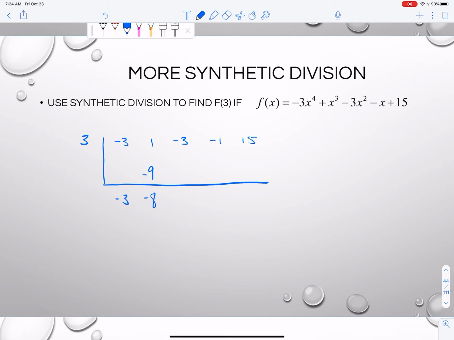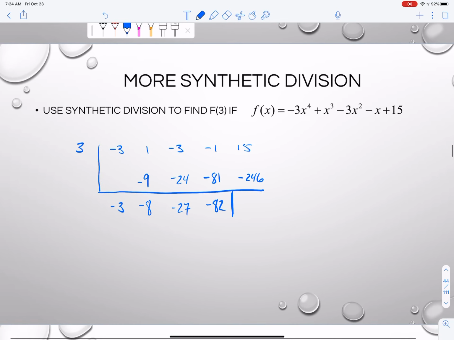3 times negative 8 is going to give me negative 24. I add, I get negative 27. 27 times 3 is going to give me negative 81. And I add, I get negative 82. Again, I box the last value for my remainder. Negative 82 times 3 is going to give me negative 246. 15 plus negative 246 gives me negative 231.